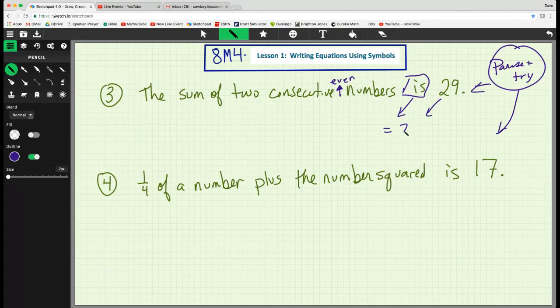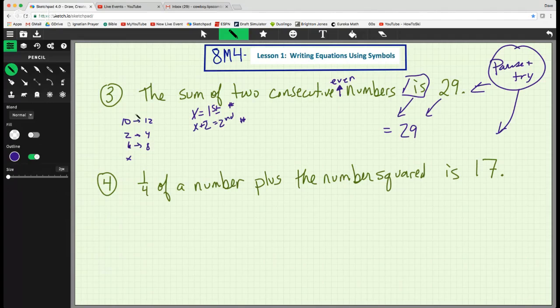We got our 29. The sum of 2 consecutive even numbers. Now, if you remember, with 2 consecutive even numbers, x would be the first number, and then x plus 2 would be the second number. Right? Because if the first number is 10, you got to go to 12 for the next one. 2 would be 4, 6 would be 8.